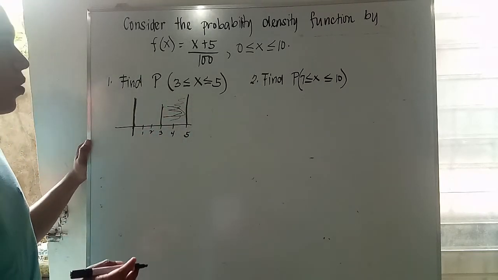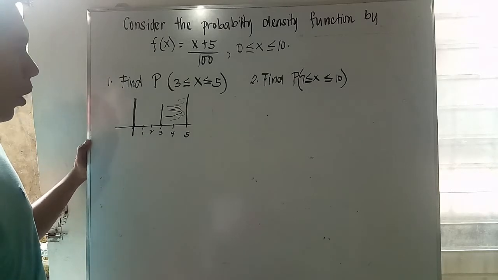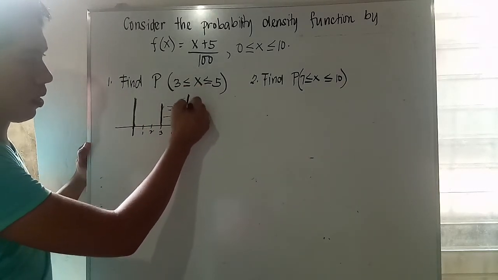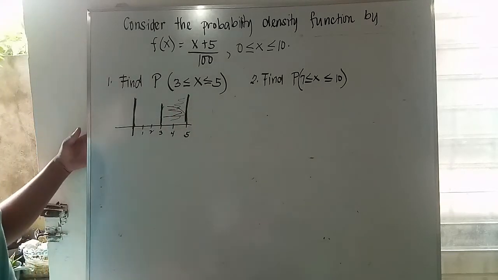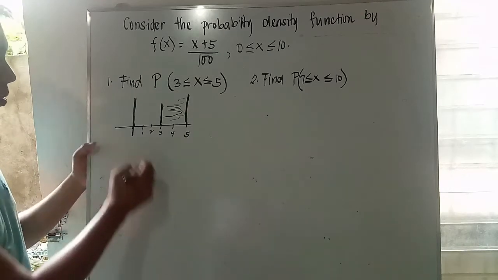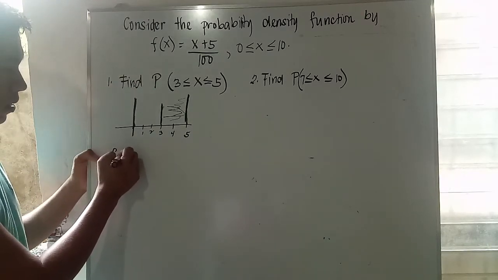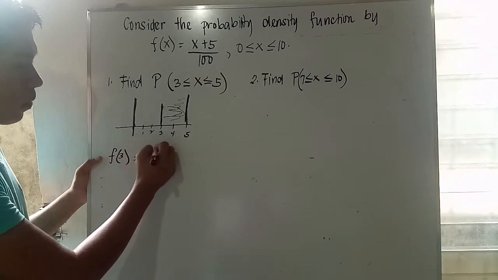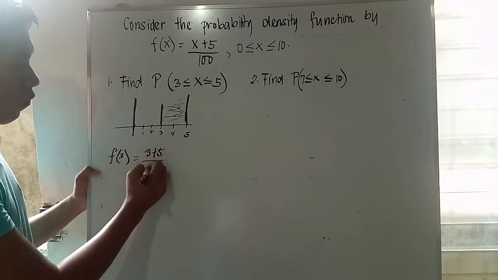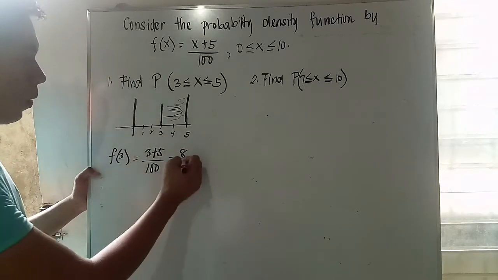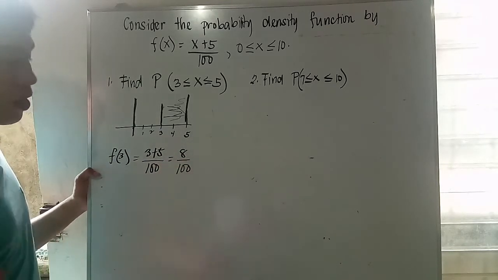Okay, so we will first solve the height of this one and the height of this one. First, we have 3. So f of x, with 3 for x, is equal to 3 plus 5 over 100. So that is 8 over 100.